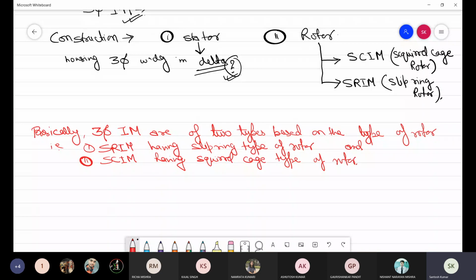So this is basically two types of induction motor which we have to study.